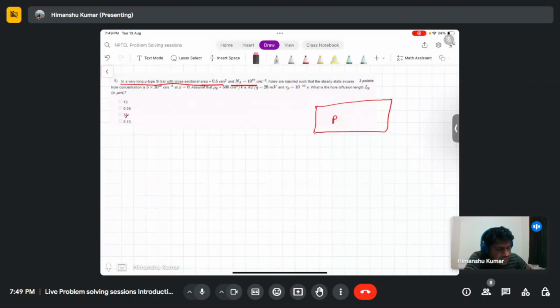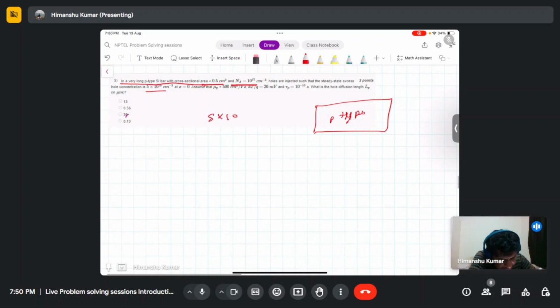So this is p type. Holes are injected such that the steady state hole concentration is 5 into 10 power 16 at x equals 0, and mu p is given as this. What is the diffusion length Lp?